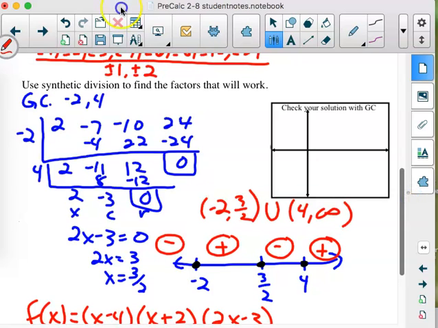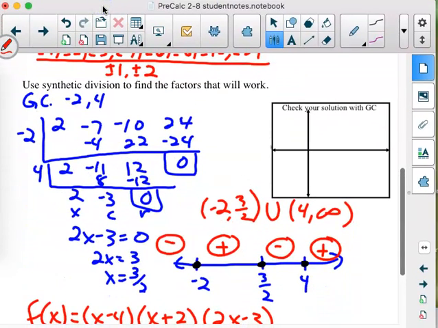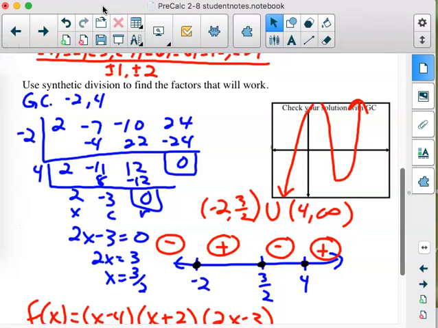Now, it looked like that, huh? So let's just make a sketch. And we had -2. How did it get the first two zeros of -2 and 4? That you had to use the graphing calculator for, since this was not going to be factorable by grouping.